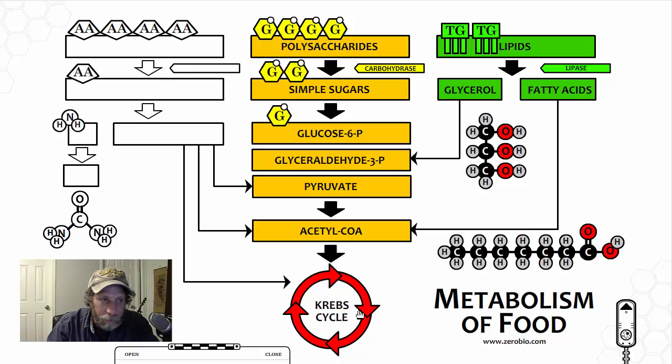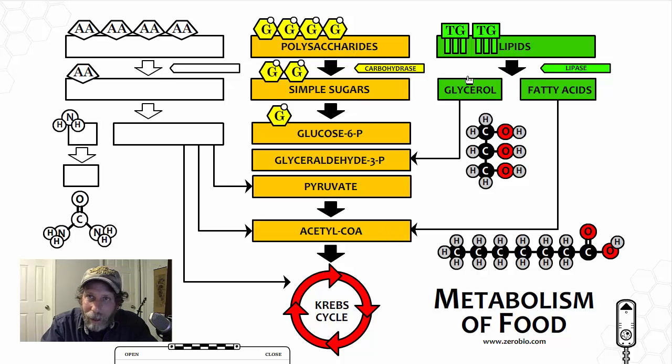You'll make your bunch of NADHs and FADH2s, which will go off to the ETS to produce lots of ATP. So fats store a lot of energy. There's a lot of potential to make ATP from fats. That's how lipids enter the metabolic pathway: glycerol at glyceraldehyde 3-phosphate, for the most part anyhow, and fatty acids at acetyl-CoA. So there are our carbohydrates and our lipids.